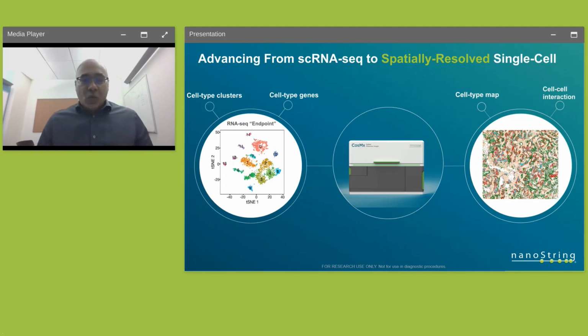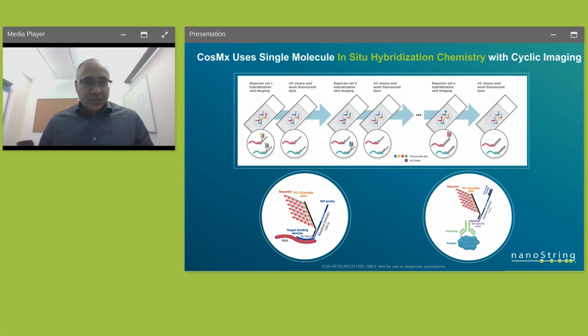CosMx not only provides the cell types, but also the exact physical location of these cell types. Once you have a spatially resolved gene expression map at single cell resolution, you can start asking multiple different biological questions. But before jumping into the applications of CosMx, let's look at how CosMx SMI works.